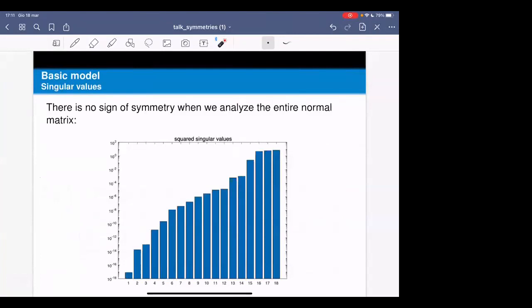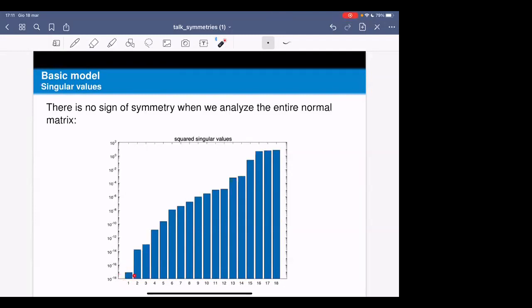Then what we did was to look at the eigenvalues of the normal matrix. If there is an exact symmetry, then we must find 3 very small, almost zero eigenvalues. And in fact, if we look at the squared singular values, which are basically an approximation of the eigenvalues, we find that there is no sign of a 3-dimensional symmetry.